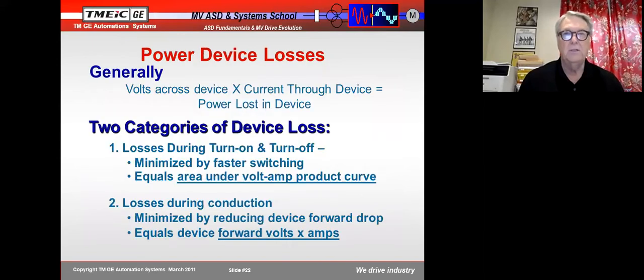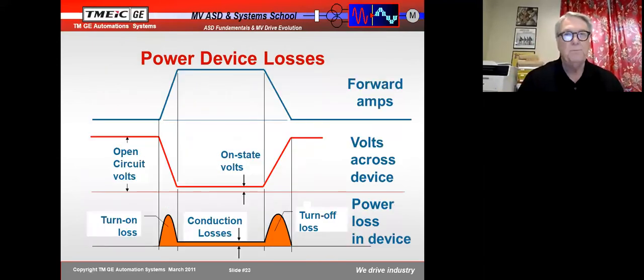So there's the gate circuit summary. We talked about our power device losses. This is a graph that's great, so you can see when we turn the device on, we have huge losses. And then while the device is on, then we have only our conduction losses, much, much lower than the losses turning on and turning off.